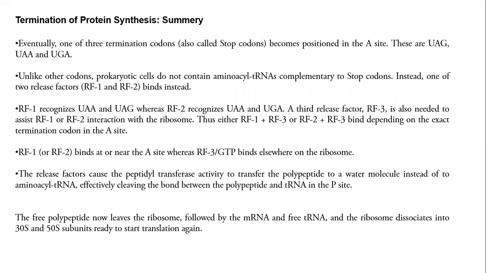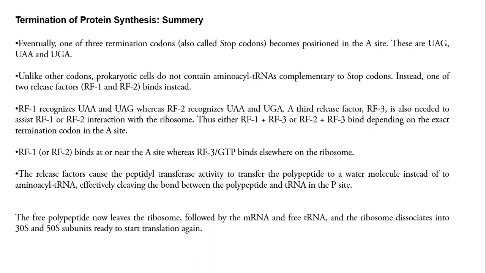These codons must be recognized by RF1 and RF2. These codons do not have amino acid tRNAs complementary to the stop codon. Instead of tRNA, the release factors RF1 and RF2 bind at this A site, which recognize the stop codons.